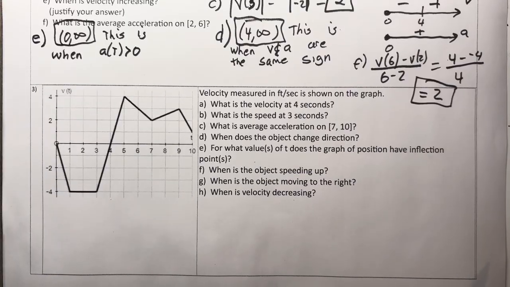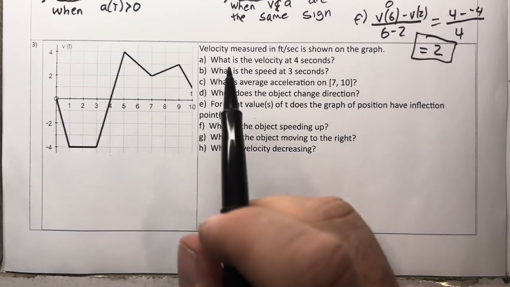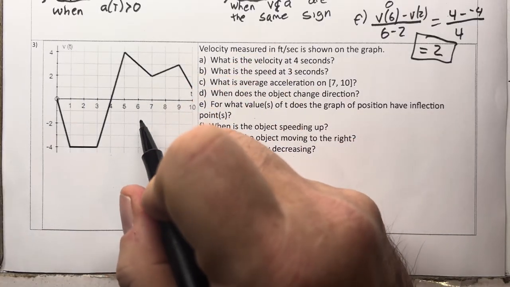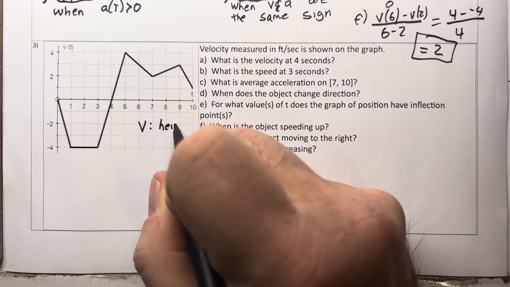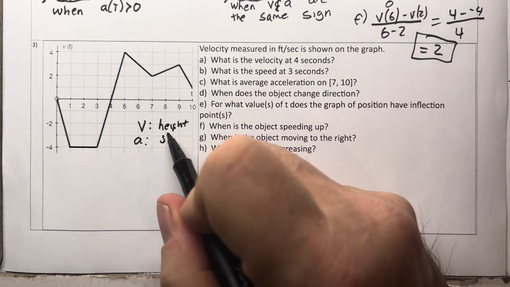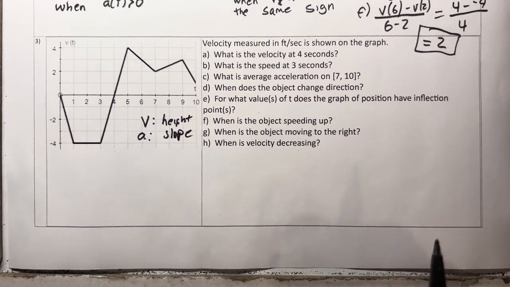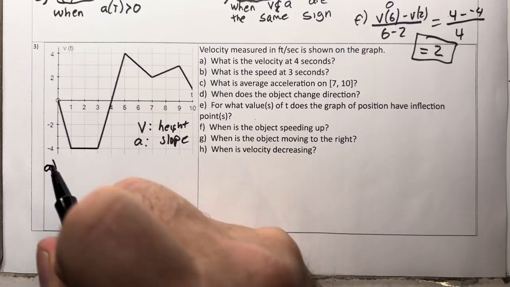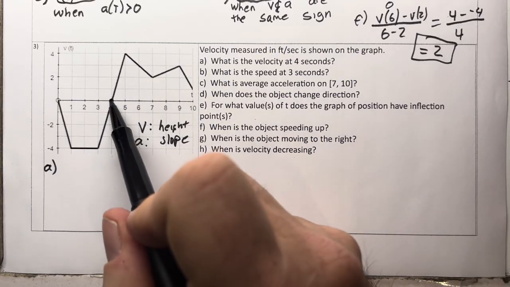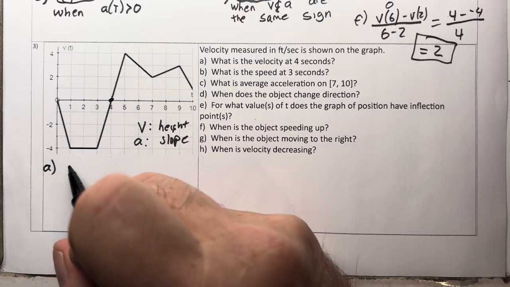All right, and then on to graph one. This one does have units. Velocity is measured in feet per second. This is a velocity graph, which means velocity is going to be the height, and acceleration is going to be the slope. And I'll start over here. Part A. What is the velocity at 4 seconds? Oh, that's just 0, right?